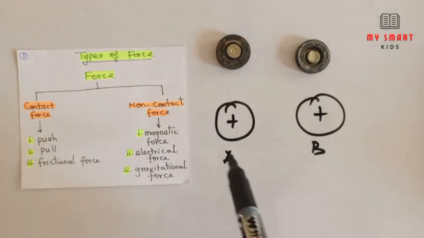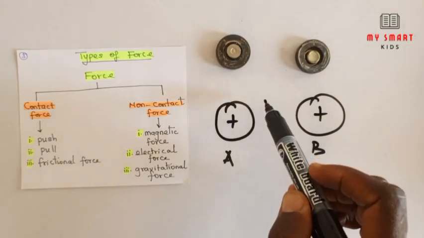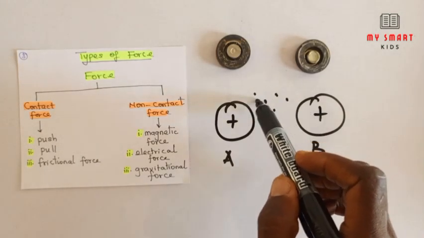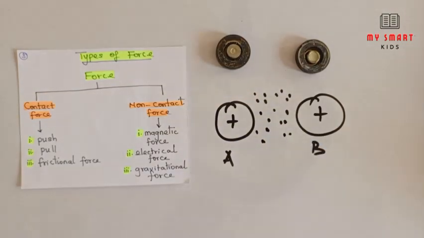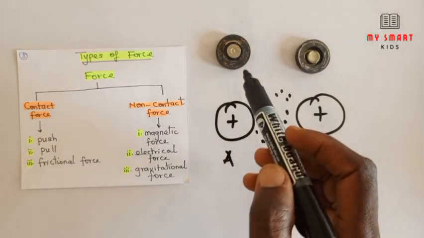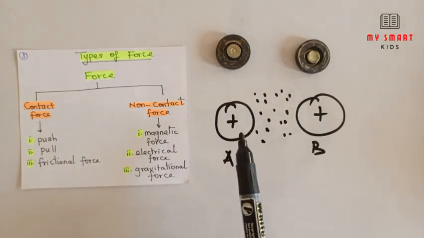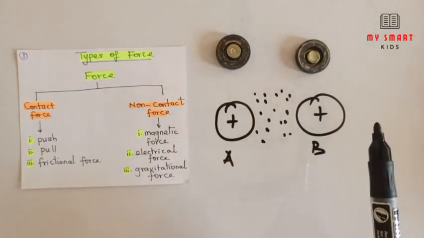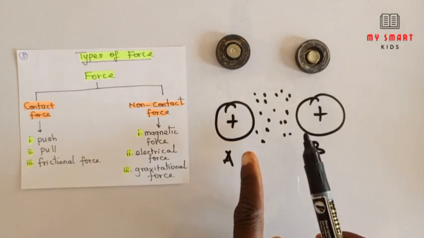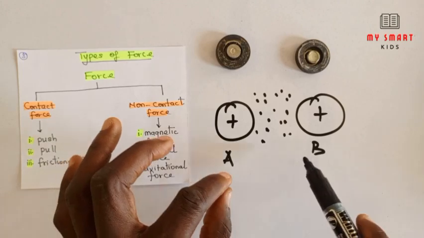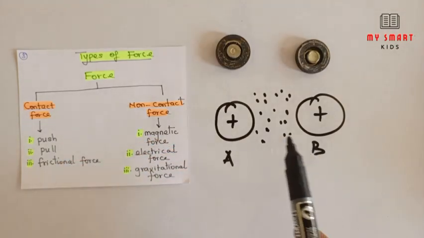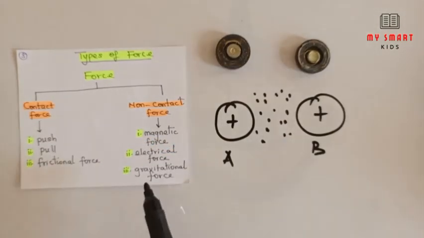And because the two bodies are charged, a force will exist around them, and that force is what we call electrical force. Just like the magnet, because body A has positive, body B has positive, if you try to move them close to each other, they will repel. That is, A will push B away, or B will push A away from it.